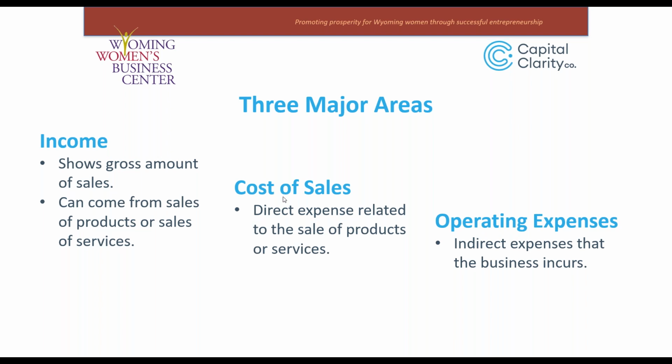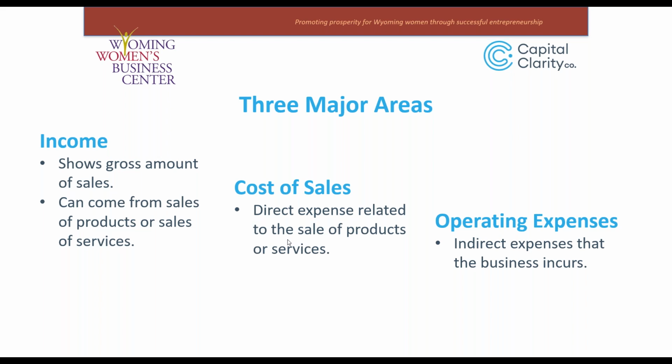And then cost of sales, that's your direct items that are tied to the sales of products or services. A lot of times it's more in a product-based business that you would have cost of sales, and that's inventory generated. So what is the expense of this inventory? What is the expense of the direct labor if you're a construction company?